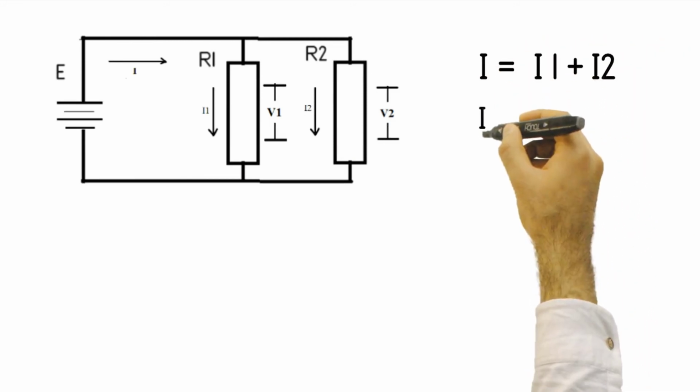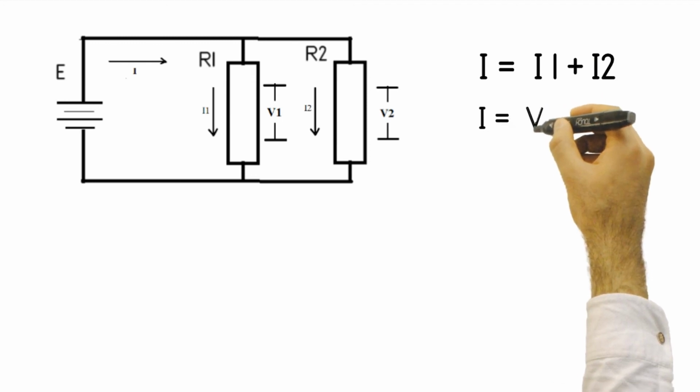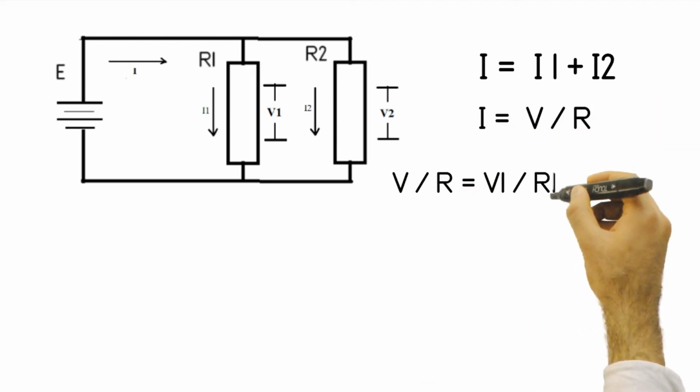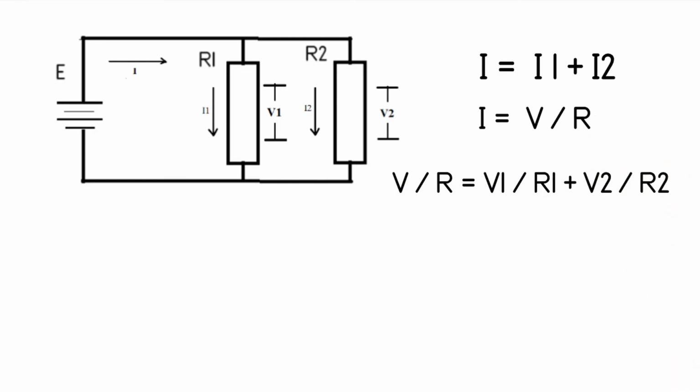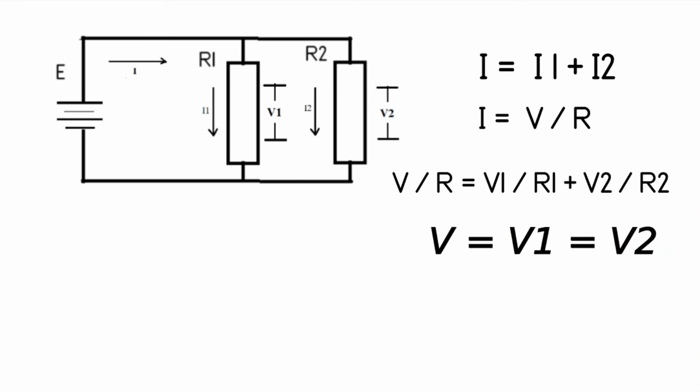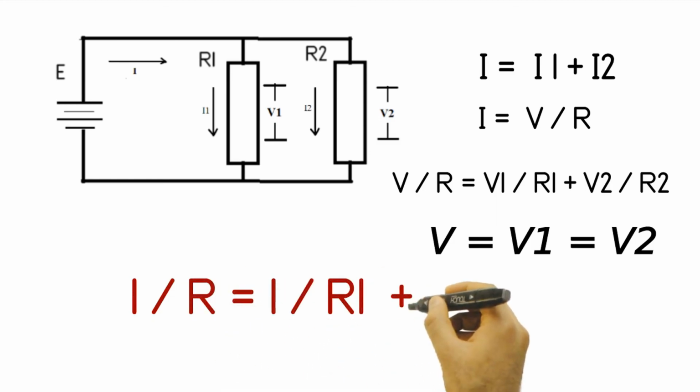From Ohm's law, we can then write, I is equal to V divided by R. Then, we can write, V divided by R, is equal to V1 divided by R1, plus V2 divided by R2. Where R is the total equivalent resistance. Since V equals V1 equals V2, then, 1 over R is equal to 1 over R1 plus 1 over R2.